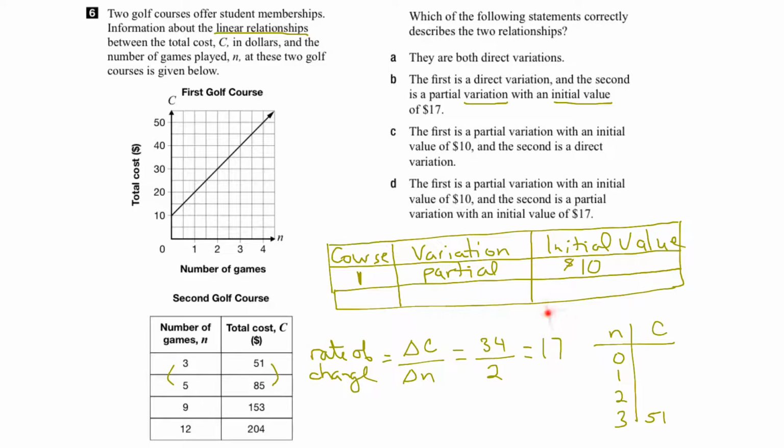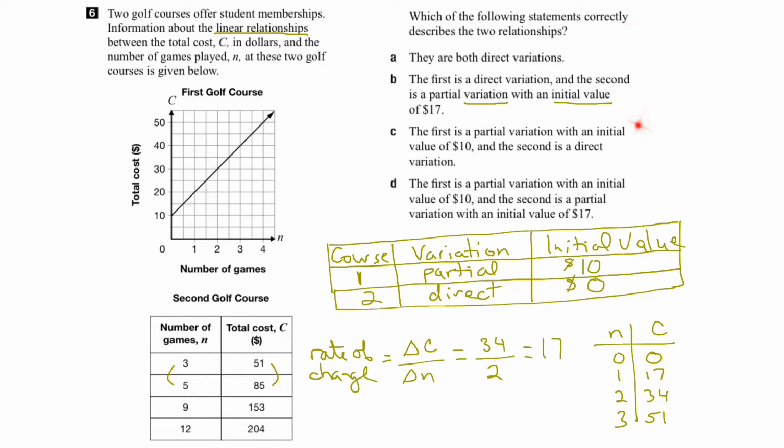And since the rate of change is $17 per game, after 2 games, the cost would be $17 less than 51, which would be $34. And again, if we go backwards, after 1 game it would be $17 less than 34, which would be $17. And then after no games played, 17 less would be 0. And so for golf course 2, our initial value is 0. And we can see for initial value of 0, it goes through the origin, therefore this is direct variation.